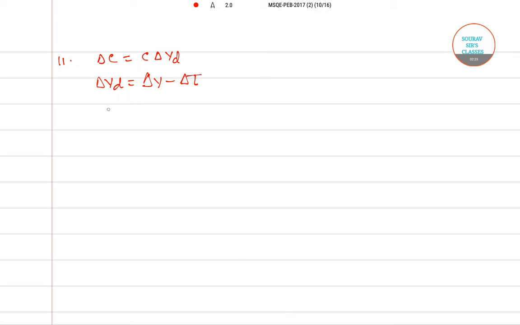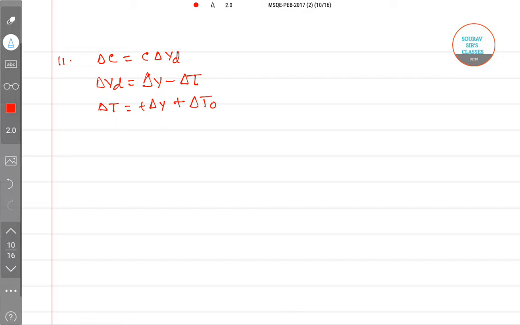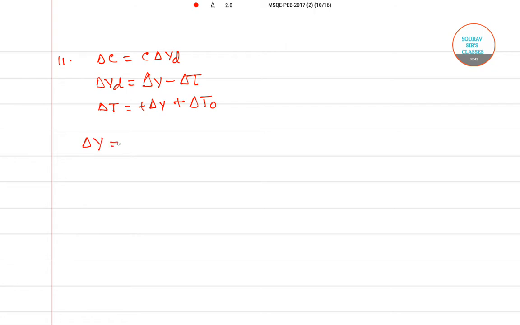We know this. Now change in t is given by t change in y plus change in t0. Now as given in the question, change in y is equal to change in c plus change in I plus change in g. Now we have to put the value of change in c here.